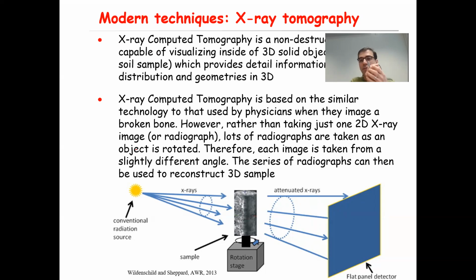You have the object in front of your beam, and it slowly rotates, and from each angle you take one radiograph. This series of radiographs will ultimately be used to reconstruct a 3D sample. Then in your 3D sample, you can quantify different phases, in our case the solid phase, liquid phase and gas phase.